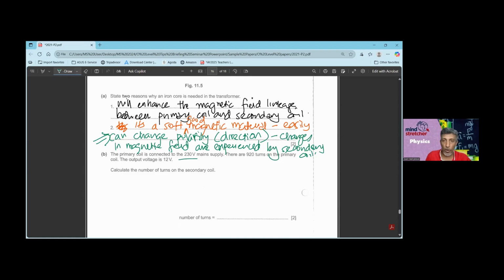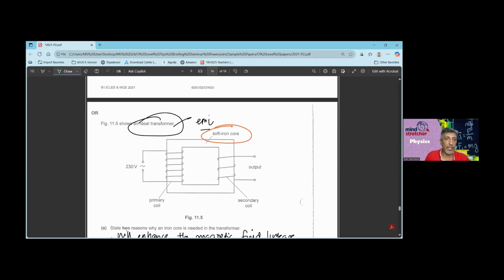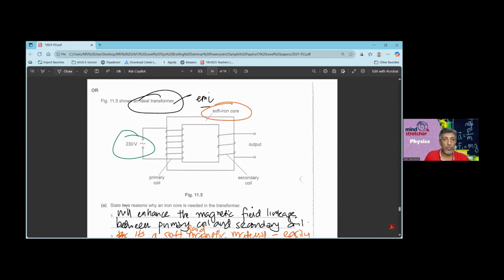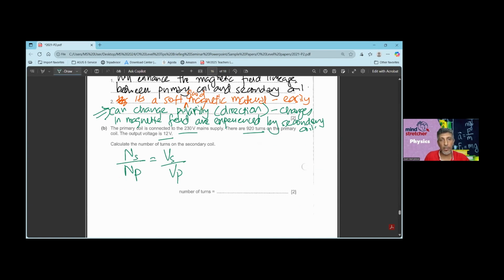Guys, what's the formula for turns ratio? Number of secondary to number of primary is. So what was the original voltage? 230. So you can substitute here. This is secondary. This is primary.